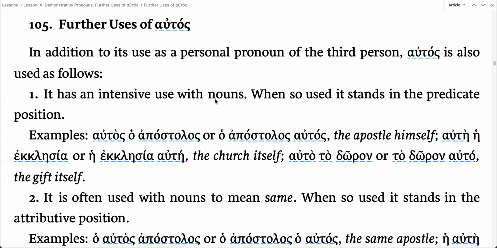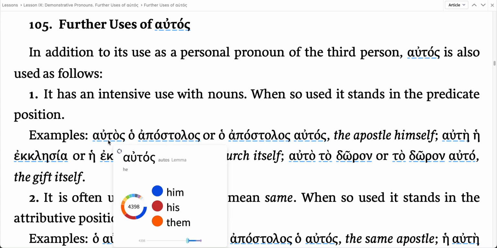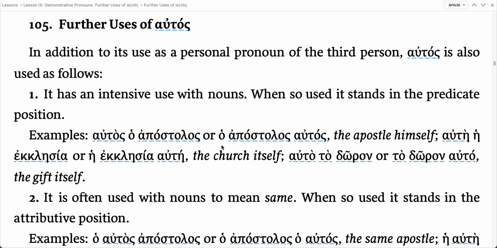But if it shows up with nouns, that's an intensive use. When so used, it stands in the predicate position, similar to the demonstrative pronoun. So you have αὐτός ὁ ἀπόστολος, or ὁ ἀπόστολος αὐτός. And the way it translates, it's the apostle himself. It's an intensive use.